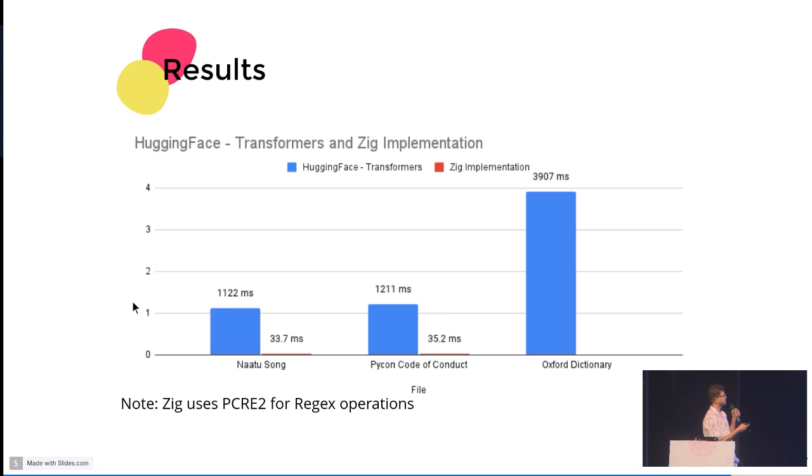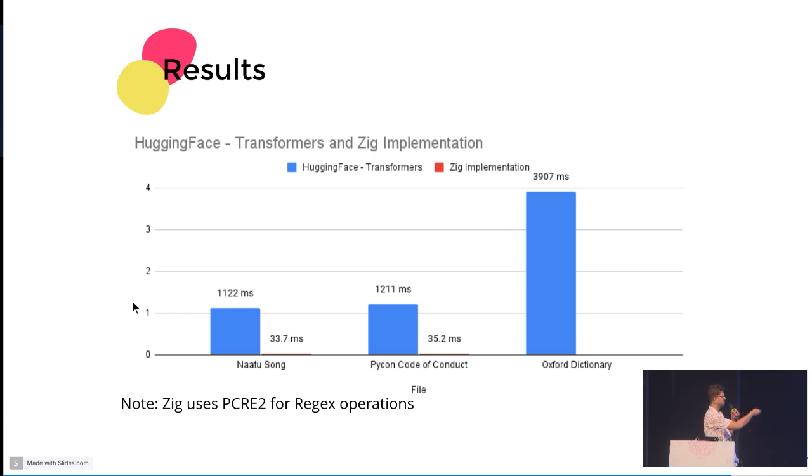Now, I'm comparing the pure Python implementation with the Zig implementation that I've done. The Zig implementation is very fast, whereas the pure Python implementation is very slow. I took this pure Python implementation from the Hugging Face Transformers library and compared the tokenizers for both.